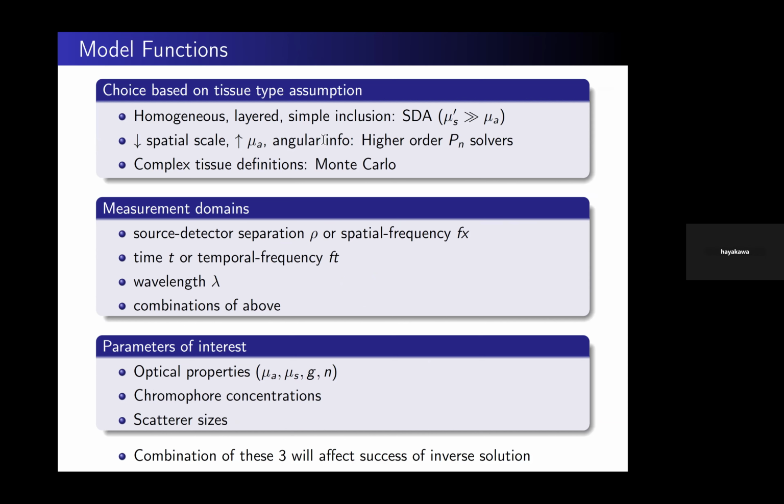Like in your measurements, do you generally use chi-squared? Yeah, so the chi-squared is just a mechanism that is used to solve the inverse problem. In it is the model function. So the model function is your choice within that, and then it gets plugged into the chi-squared function.